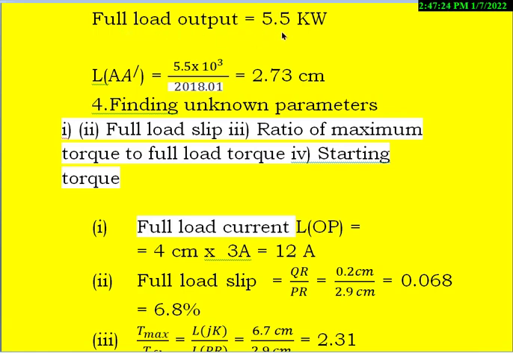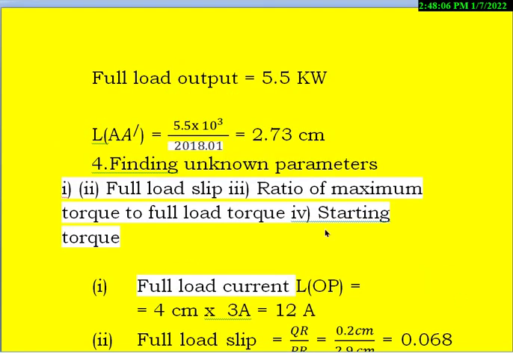Now to find out the position of the full load output on the circle diagram, we have to follow these steps. Full load output is given as 5.5 kilowatts, and we know the power scale, that is 2018.01 watts per centimeter. So we can say 5.5 into 10 cube divided by 2018.01 will give us the length required for this full load output, that is 2.73 centimeters.